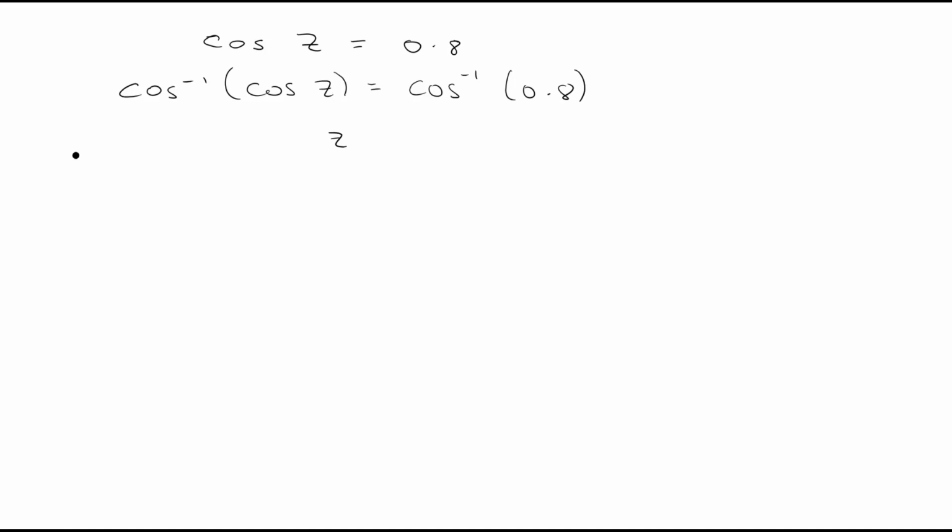Okay, so now we've got that z is going to be the cos inverse of, well, maybe I should go back a step. We've got the statement that says cos of z equals 0.8, taking the inverse cos of each side. So we have z equals cos inverse of 0.8. Now we need to use the calculator in radians.